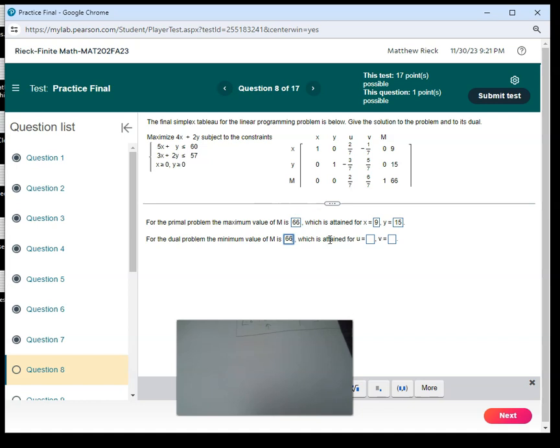But that's not really important there. You can find the solution to the dual by looking at the primal problem as well. You can just read down the columns. So x is going to be 0, y is going to be 0, u is going to be 2/7, and v is going to be 6/7.